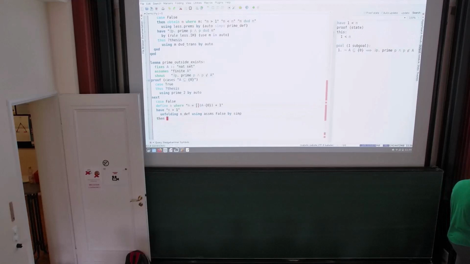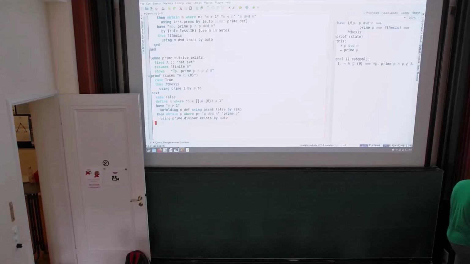Okay, then we know that there is a prime divisor of n, like this one. Let's use auto here. What's the difference between blast and auto?